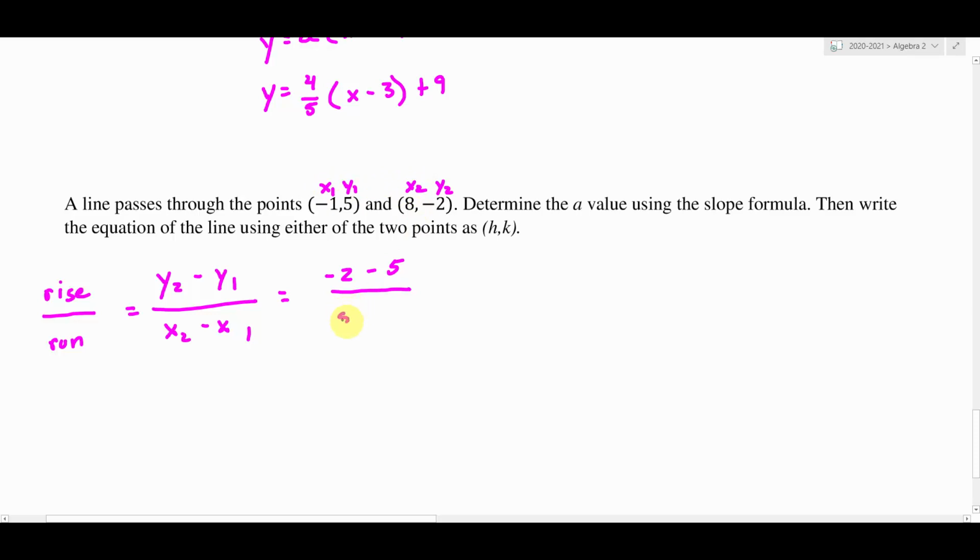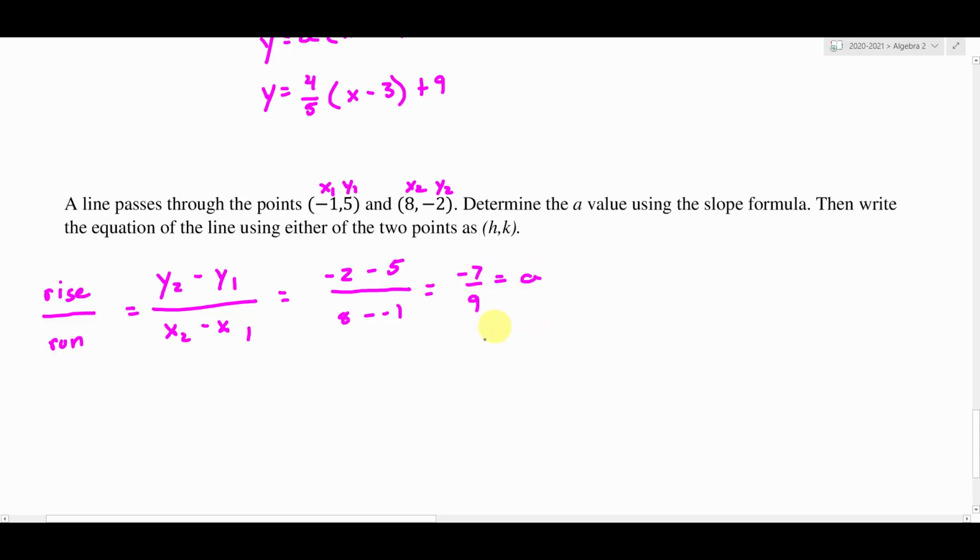So x2 is 8 minus x1, which is -1. And then we just straight up do these calculations in the top and the bottom. So -2 minus 5, that's a -7, and 8 minus a -1 is a +9. There's my slope. So we'll say there's my a value.